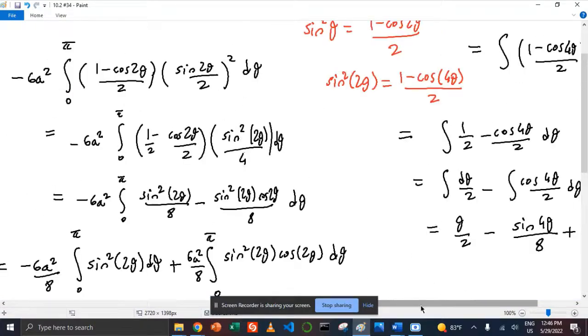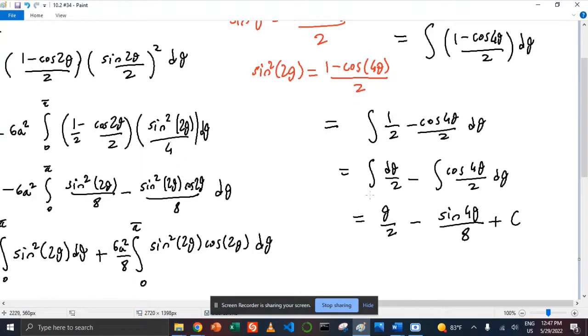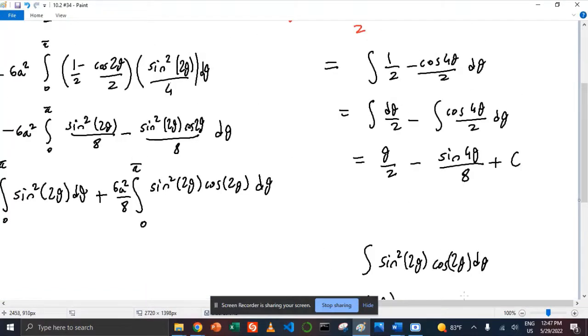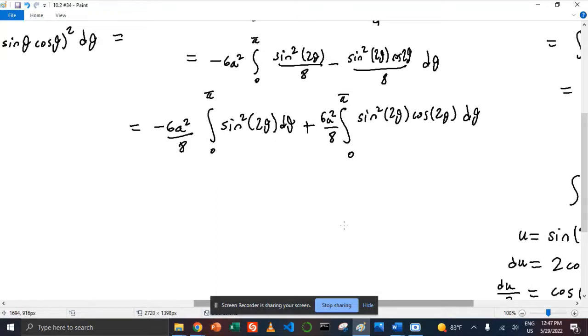So we found these two indefinite integrals here, theta over 2 minus sine 4 theta over 8 plus c, and sine cubed 2 theta over 2 plus c. So let's put them back into this original, but we'll now use the limits of integration instead of this plus c.